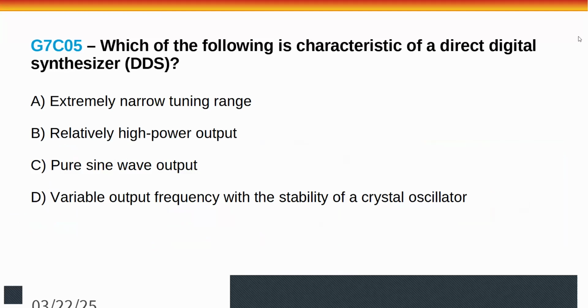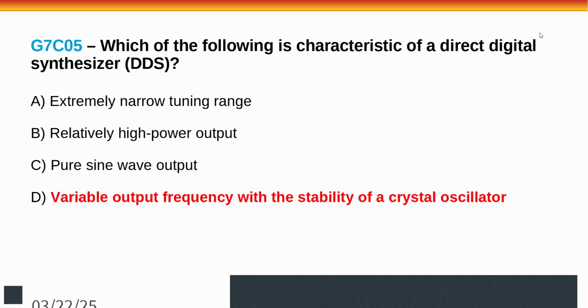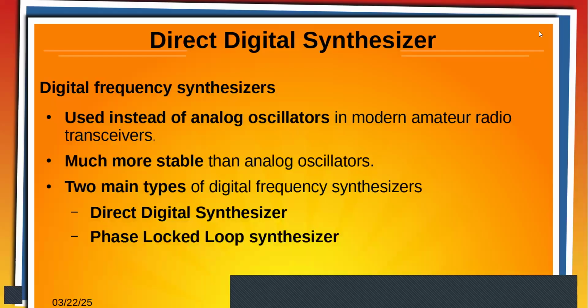So which of the following is characteristic of a direct digital synthesizer, or DDS? Let's see. Yeah, okay. The basic thing here is there are two types, the direct digital and the phase lock loop synthesizer.